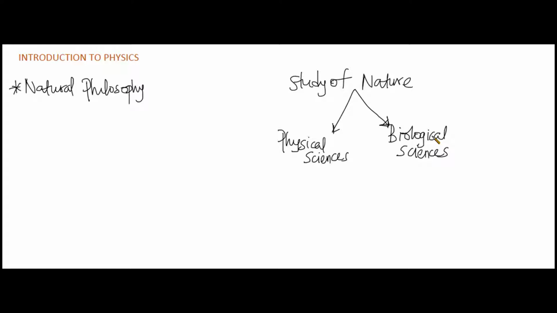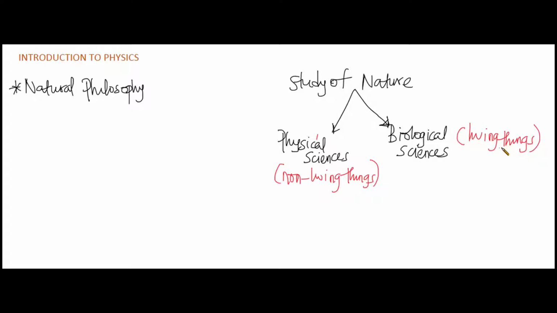While the physical sciences deal with the non-living aspect of life. So we have to note it also. Here we have the physical sciences, non-living things. Here we have it, living things.